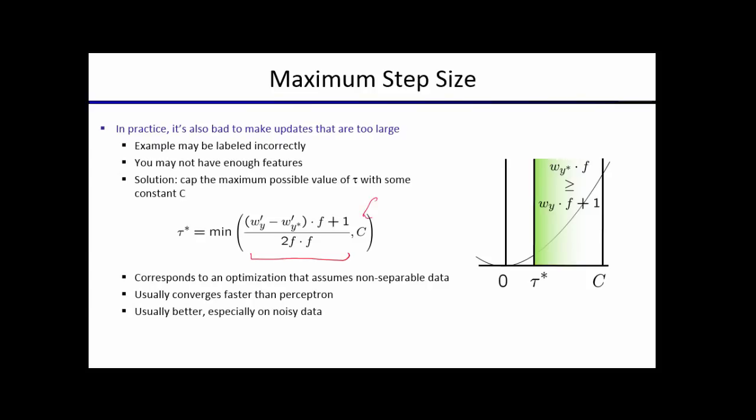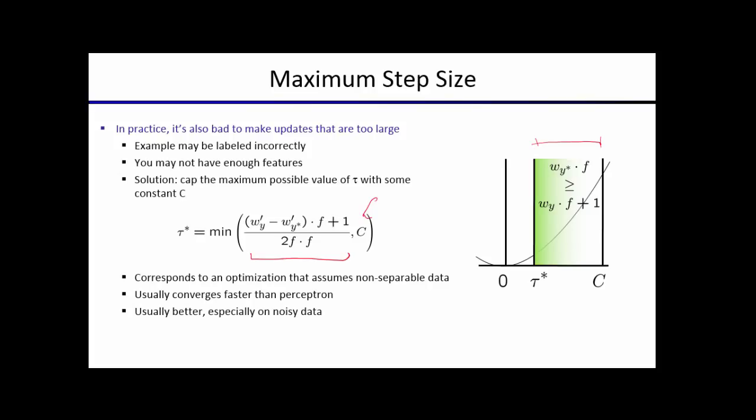Geometrically, the update will minimize tau in some range right here, or it'll have tau be in this range right here. Usually when you use this update instead, it converges faster.